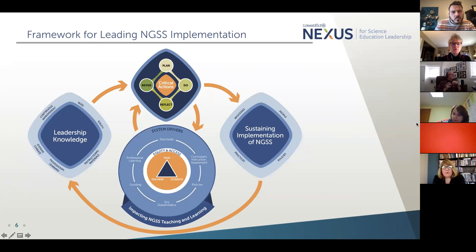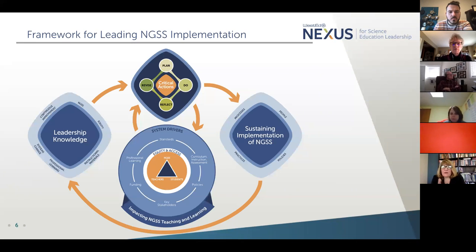We also, going to the middle, the second domain, we identified a host of critical actions necessary to be planned, implemented, data gathered on, and then continued over a fairly long period of time to continue to implement NGSS.